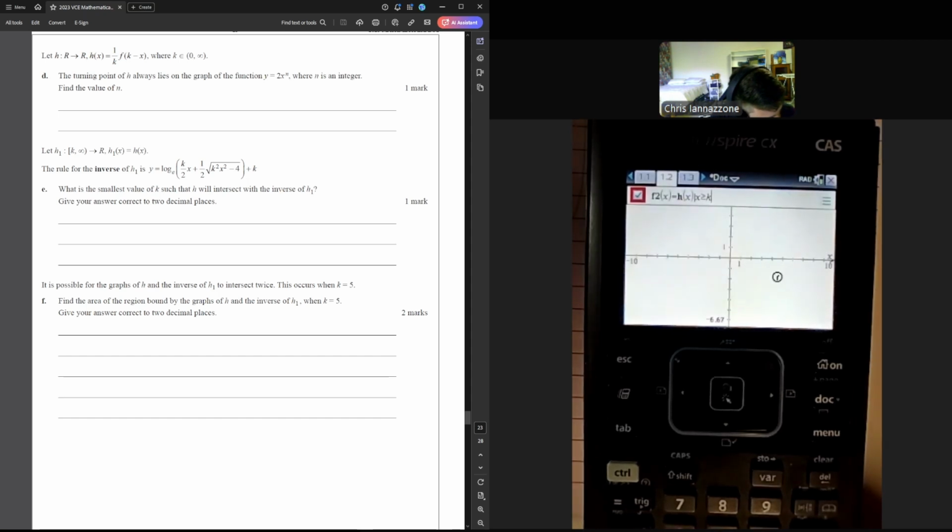You have to create a slider for it, which makes sense. And then we can plot, h1 has no such issues. So we're just going to do O of x as normal.